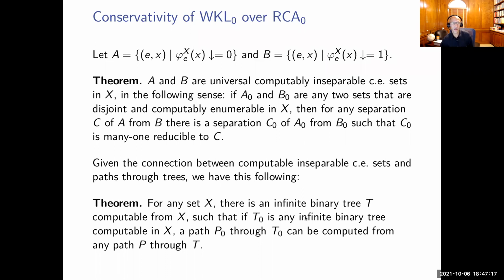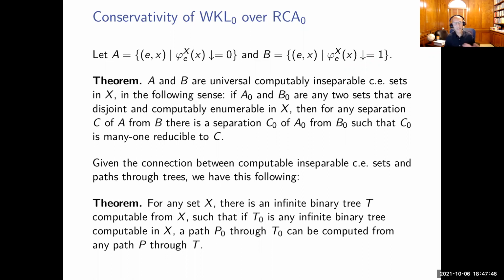In other words, you can write down a single computable infinite binary tree with the property that if you have any path through that binary tree, you can get a path through any other computable infinite binary tree. So there's one infinite binary computable tree that's as hard as any to find a path through. If you find a path through that one, you can find a path through any infinite binary computable tree.